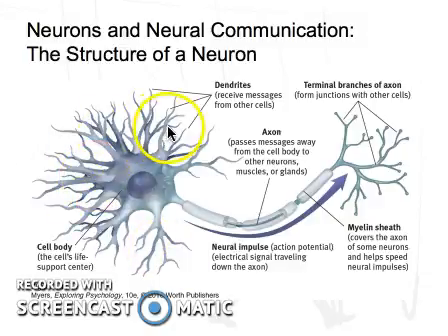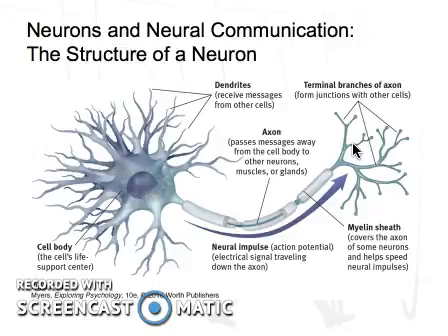These are the dendrites. And those signals or messages are sent through the axon. Some axons are encased in this myelin sheath, and that just helps speed up that message or signal, the action potential, going down the axon. And then that message is released through these terminal branches of the axon.